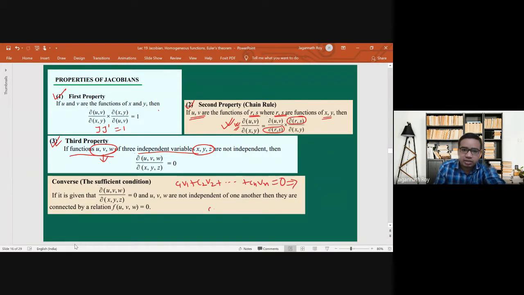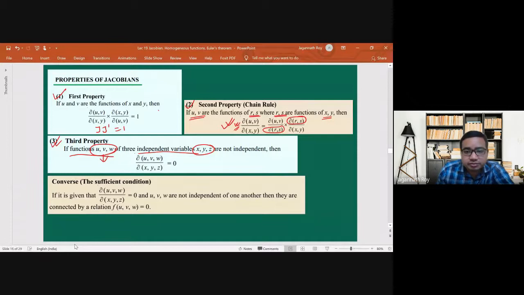If all the c1, c2, and cn are equal to 0, then we have said that these vectors are linearly independent. If at least one of the ci is non-zero, then this is linearly dependent. That was for vectors. The same idea can be applied for functions.